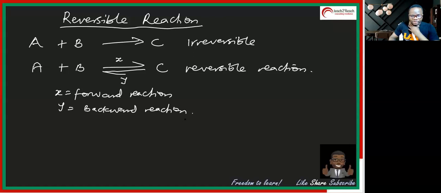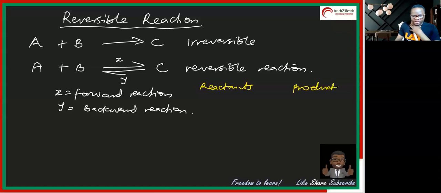So that tells us that for the forward reaction, I have reactants and products.